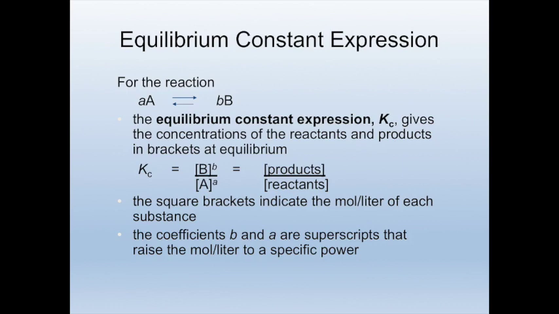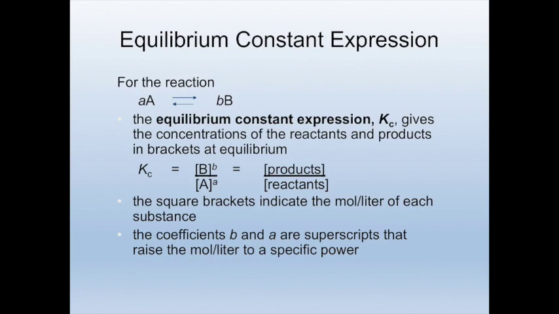So Kc is defined as the concentration of B to the power of the number of moles of B divided by the concentration of A to the power of the number of moles of A. And this is products divided by reactants.